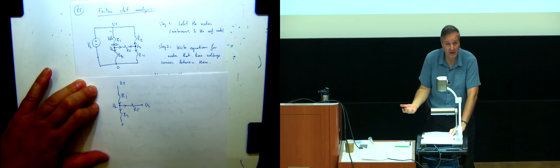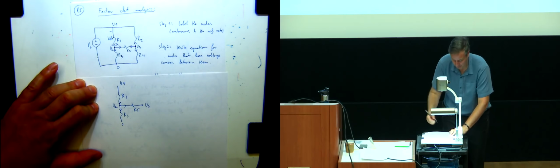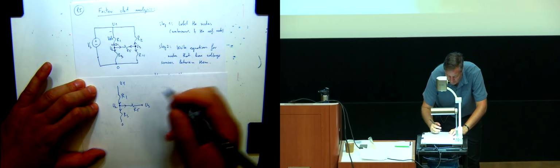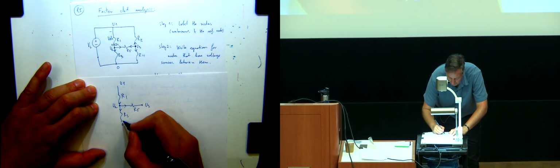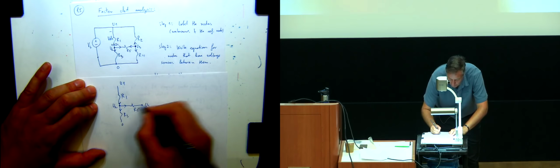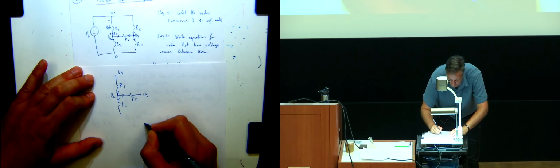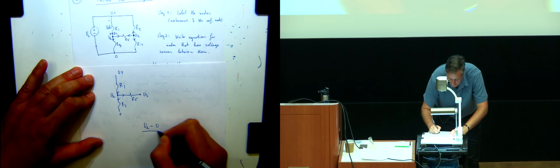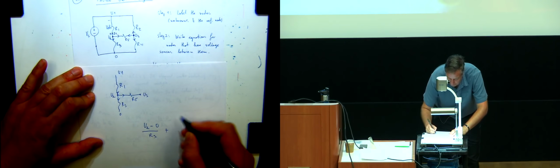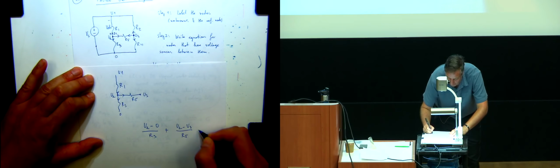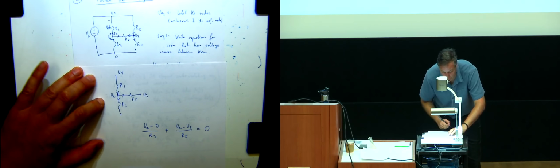Fine, I'll just write that equation. The bottom two stay the same, so they're essentially U2 minus 0 over R3 plus U2 minus U3 over R5 equals 0.